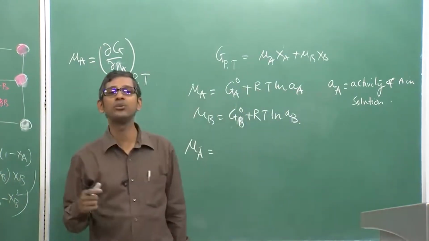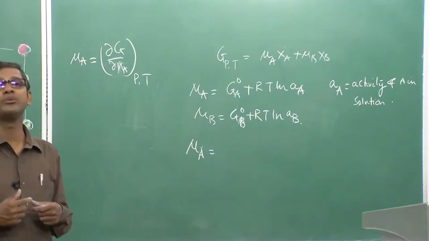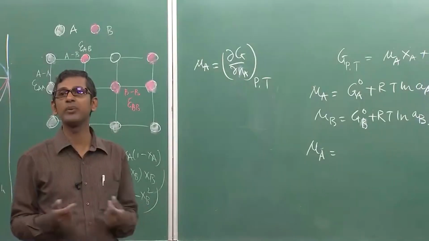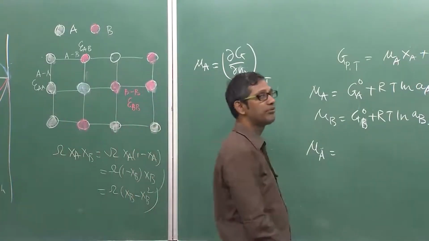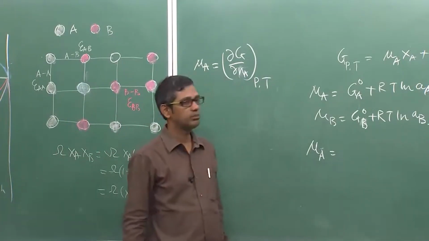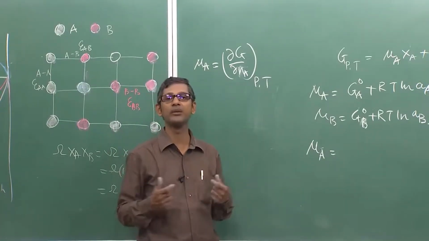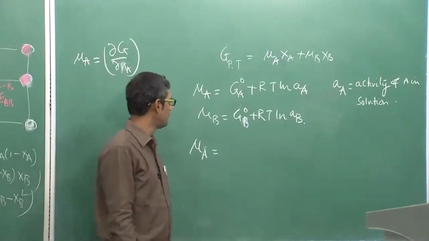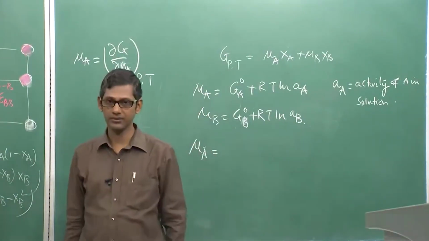Activity tells you the propensity of a component to form solutions, or the propensity of a component to react. That is what activity is. To calculate activities, you know from thermodynamics that we need to demarcate between solid, liquid and gas, but it is always better to convert activity in terms of mole fractions.